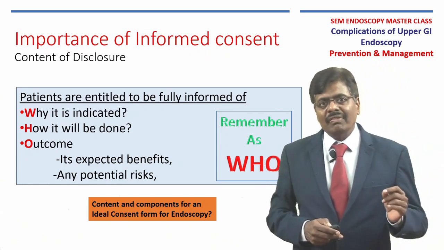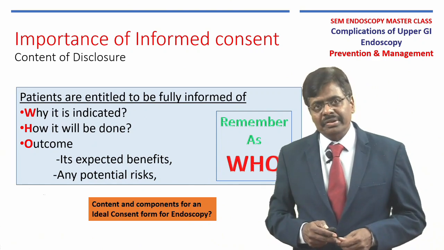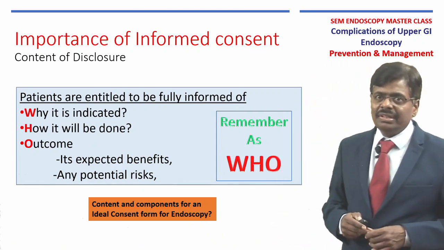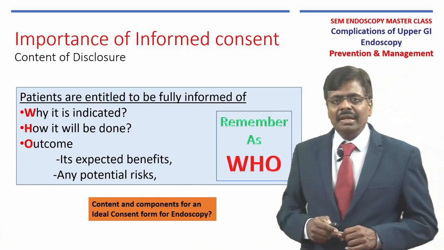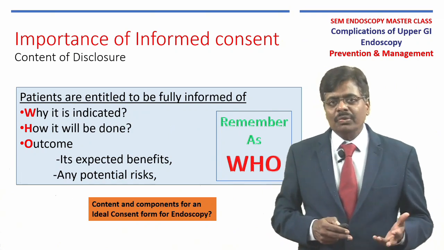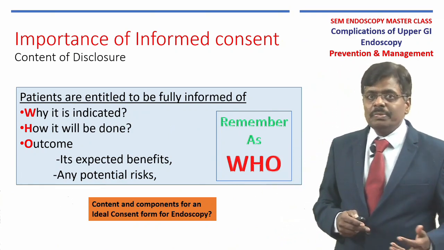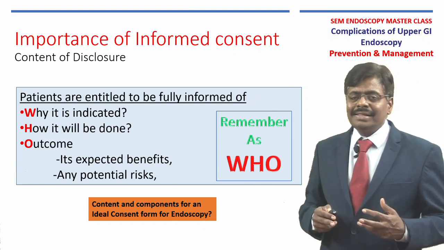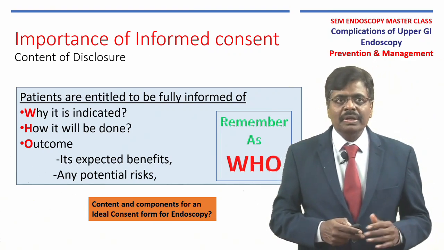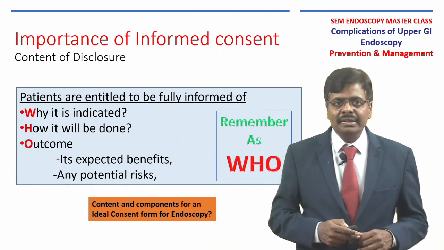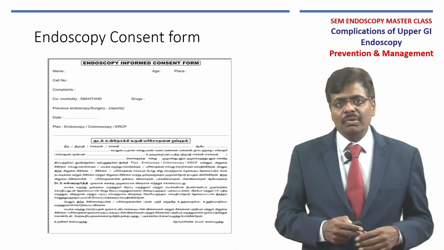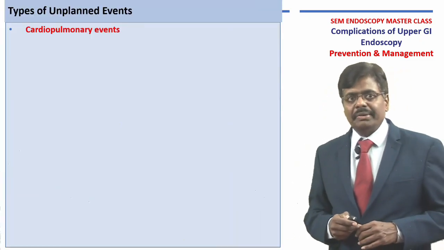The risks, however small, like a perforation, admission, or even a rarity such as need for surgery, you have to mention in all the information leaflets, so that the patient can ask you all the questions, and is convinced that it has to be done and is absolutely essential for him to undergo. Then it will become a legal document. So, better you get a very good informed consent, preferably in the patient's own language, depending upon whatever regional language you speak.